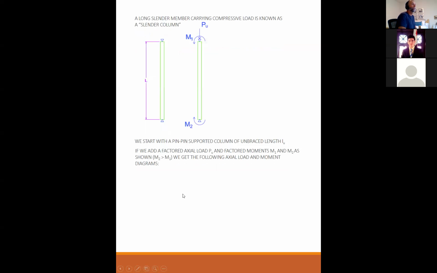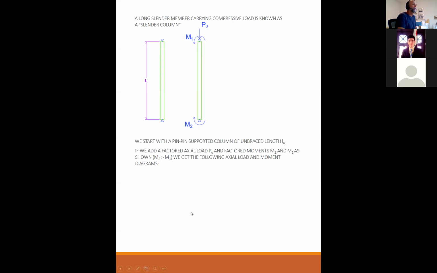If we add a factored axial load P sub u and factored moments M1 and M2 as shown, ACI code defines M2 as greater than M1. So whatever the end moments are, M2 is always the bigger one, M1 is always the smaller one.